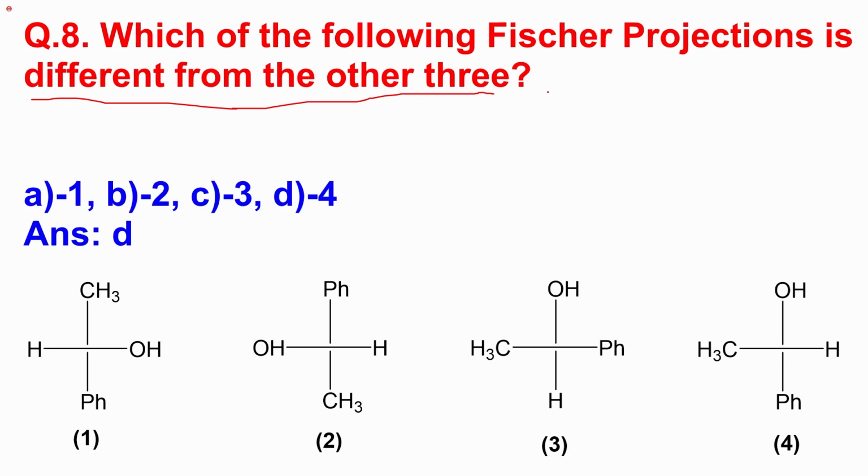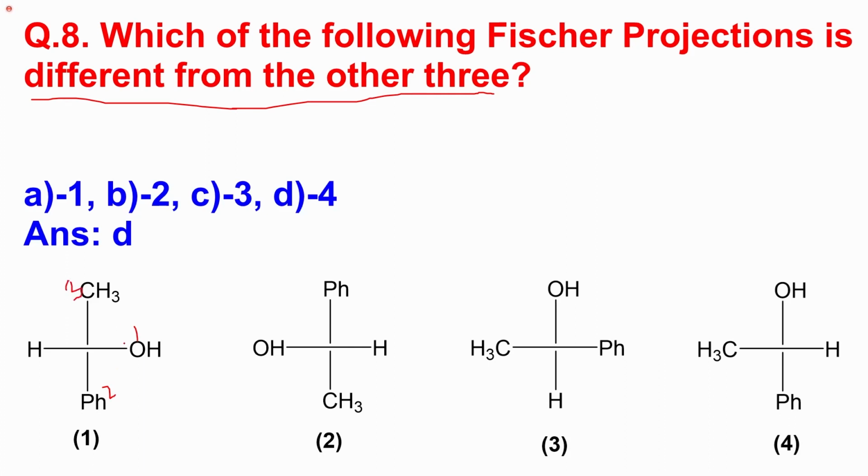Now you can see, oxygen is here, so this is one. If we count, this is one, this is two, this is three.